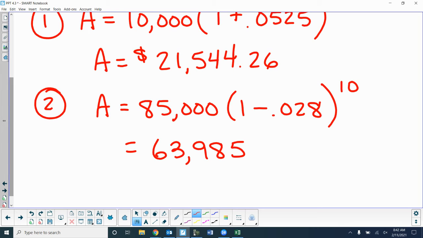So it went from 85,000 in 10 years to 64,000. Okay? Simple, right? This is an easy quiz. Just focus right now as we go over it, and it'll be very, very similar tomorrow, right?